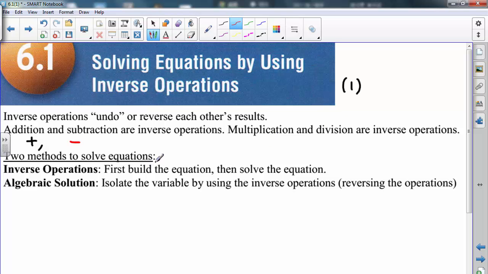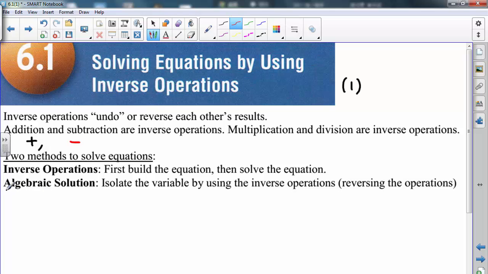There are two methods to solve equations. The first method is inverse operations. In this method, we first build the equation, then solve the equation for the variable. The second method is called the algebraic solution. In this method, we need to isolate the variable by using the inverse operations, which is the same as reversing the operations.